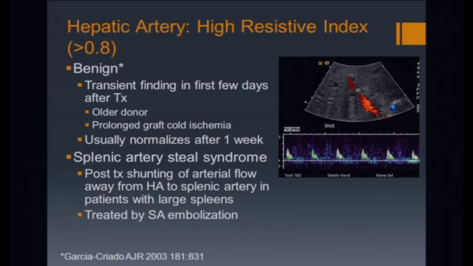Post-transplant, there is shunting of arterial flow away from the hepatic artery to the splenic artery in patients with large spleens, creating a high resistive index waveform. Now, this is not a benign finding, and it has to be managed by reducing the shunting by embolizing the splenic artery.